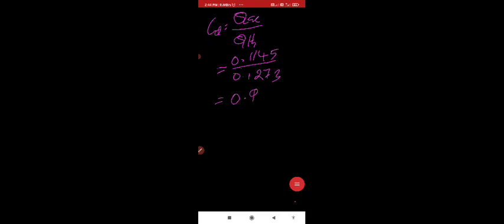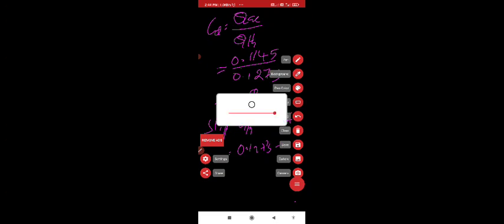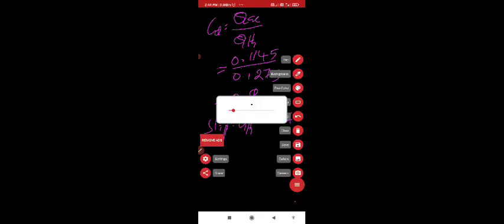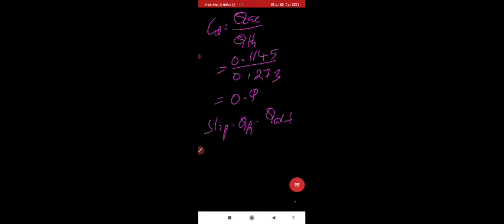And here it is positive slip. So for positive slip, slip is equal to theoretical discharge minus actual discharge. So theoretical discharge is 0.1273 minus 0.1145.